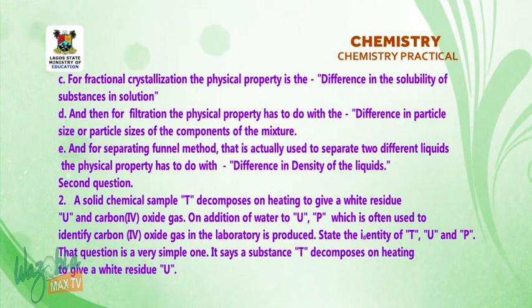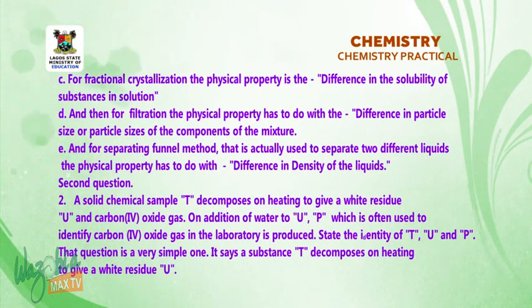And then for filtration, the physical property has to do with difference in the particle sizes of the components of the mixture. And for separation funnel method, that is actually used to separate 2 different liquids, the physical property has to do with difference in density of the liquids.